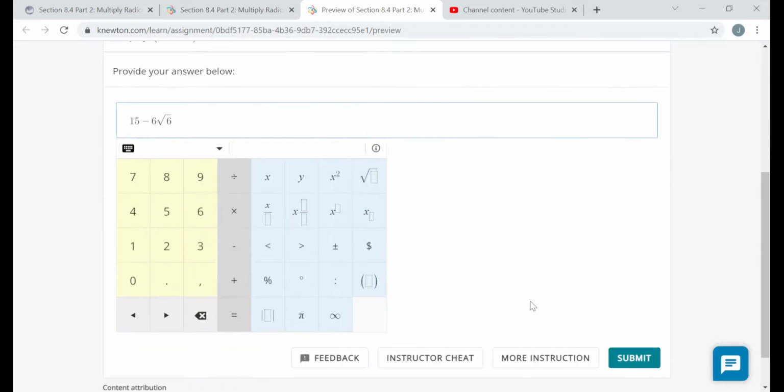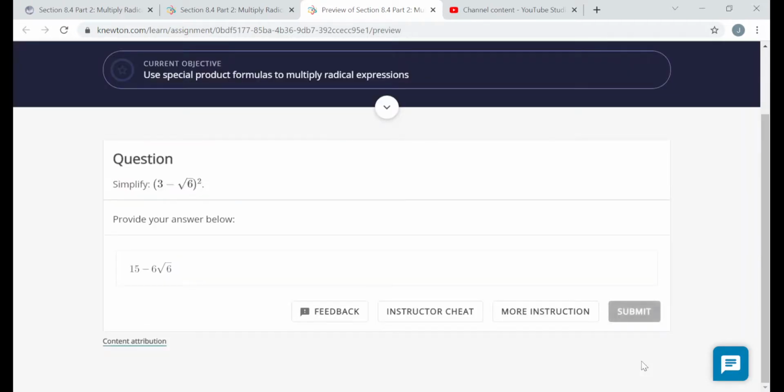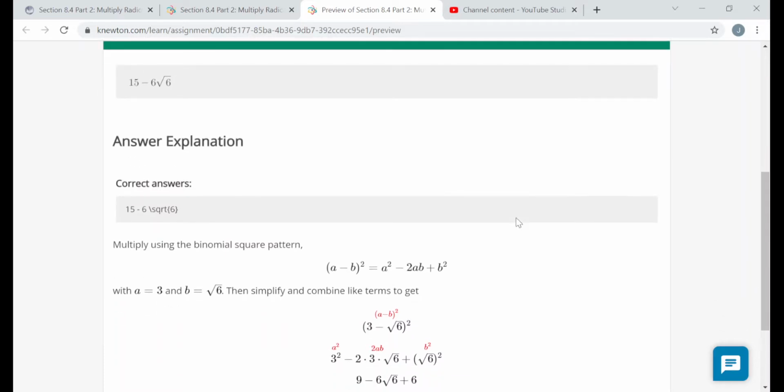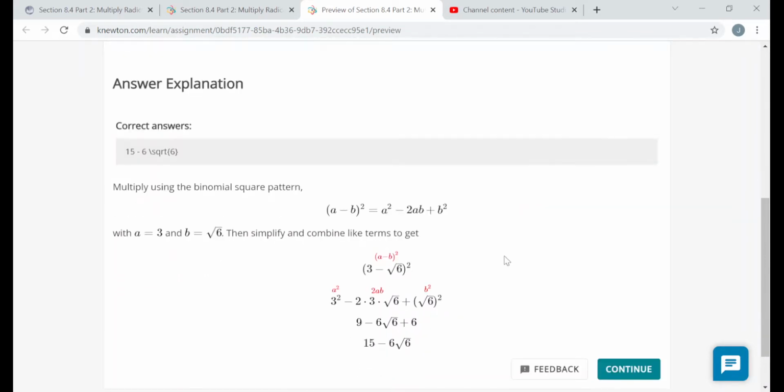And that's all. Alright, hooray. After every question, they do have answer explanations, whether you got the answer correct or incorrect. Please read through these. If you got it correct, read through it to make sure you got it right for the right reasons. Or maybe they'll show you an alternate way of doing it, like this one here. This is a different way than I did.